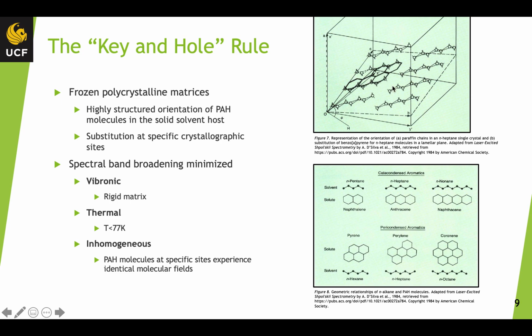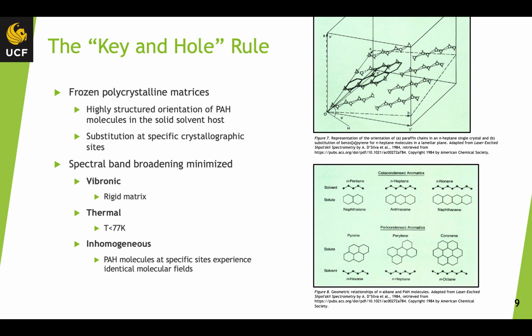As can be seen here in the figure, the n-heptane solvent freezes in lamellar planes, and we would expect the PAH molecule to be randomly distributed throughout these lamellar planes of the solvent. However, this is not what we observe. We observe that it substitutes directly into the planes at very specific sites with the long axis of the paraffin chain along the long axis of the molecule. Due to this, spectral band broadening is minimized.